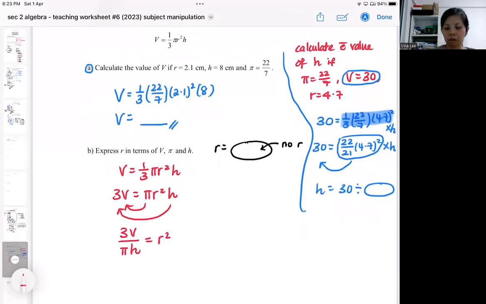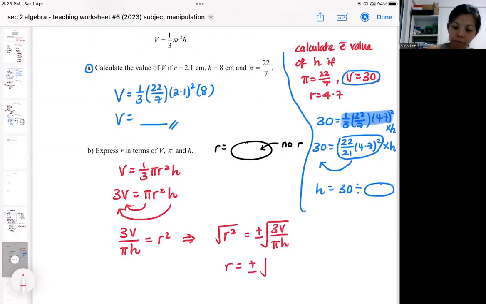This is the part where you take square roots on both sides. I need to bring your attention: when you take square roots on both sides, there's usually a plus minus.